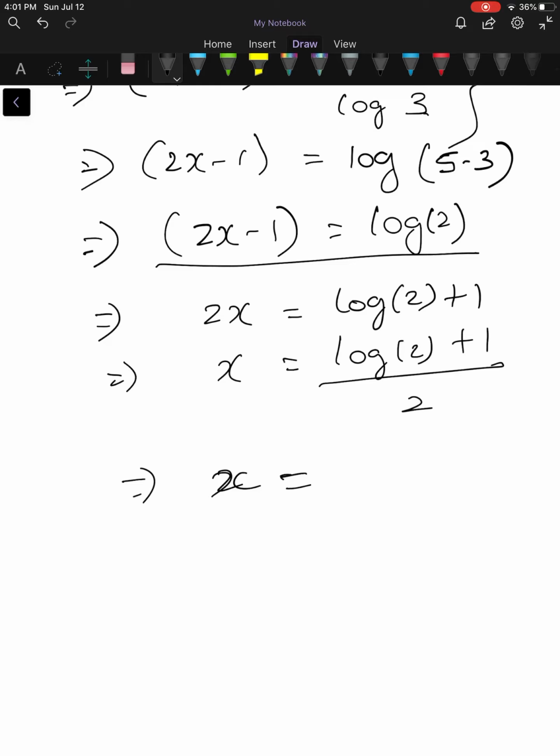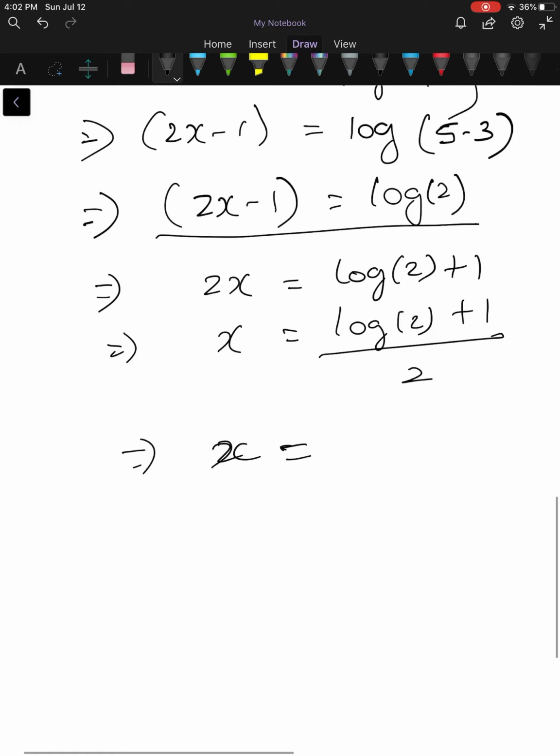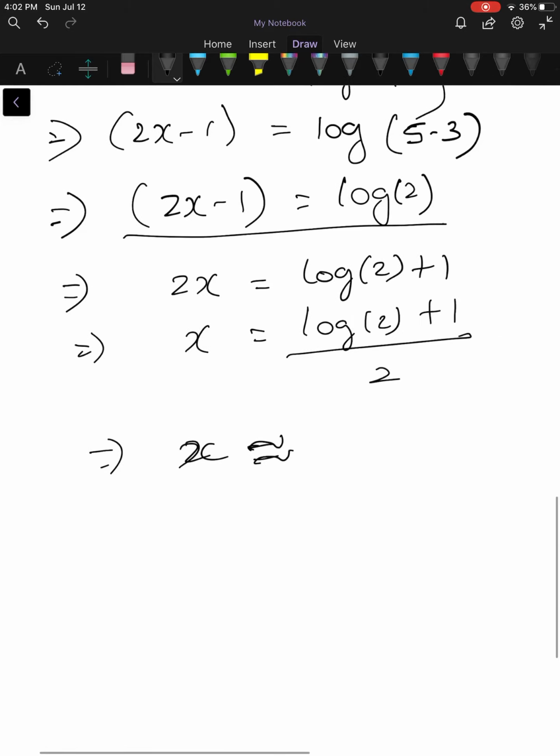So now if I use the calculator for this, my x value turns out to be log of 2 plus 1, divided by 2. It turns out to be approximately equal to, I need 6 decimal places, I know that. So it turns out to be 0.6505149.